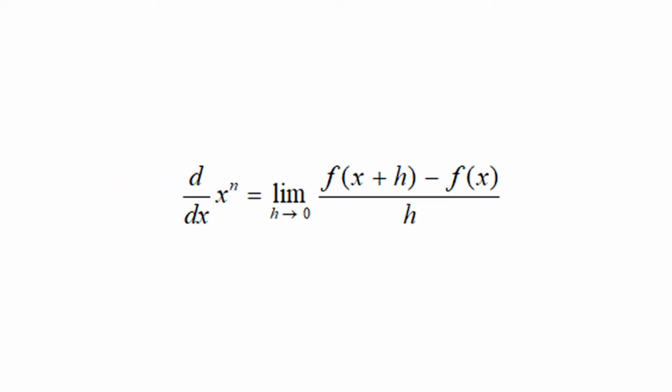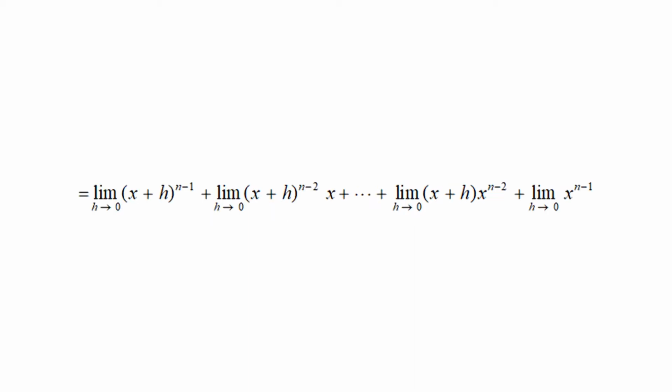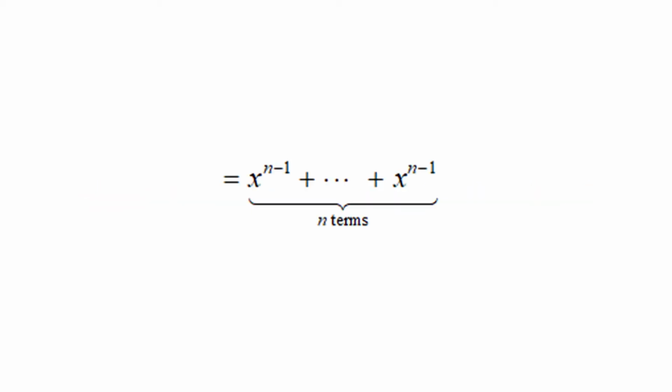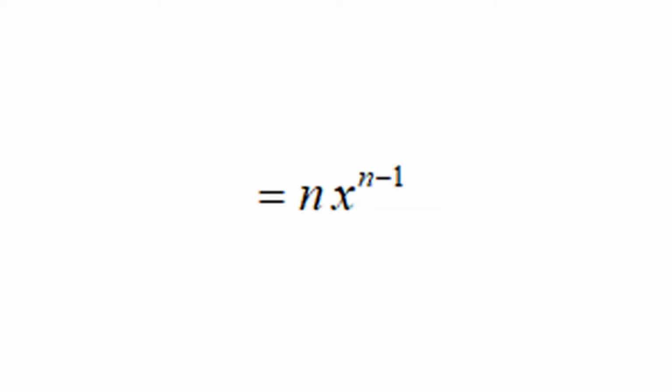Hence, d upon dx of x power n equal to limit of f of x plus h minus f of x upon h as h approaches 0, which is equal to limit of x plus h to the power n minus 1 as h approaches 0 plus limit of x plus h to the power n minus 2 into x as h approaches 0 plus etc. plus limit of x plus h into x power n minus 2 as h approaches 0 plus limit of x power n minus 1 as h approaches 0 by the sum rule of limit of function, which is equal to x power n minus 1 plus x power n minus 1 plus etc. plus x power n minus 1, n terms, which is equal to n times x power n minus 1.